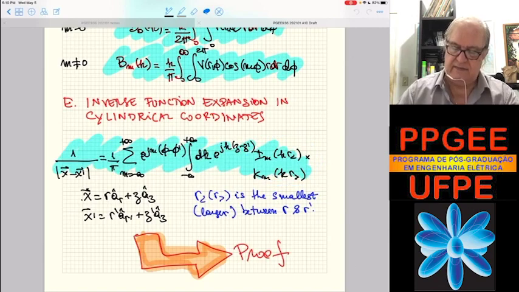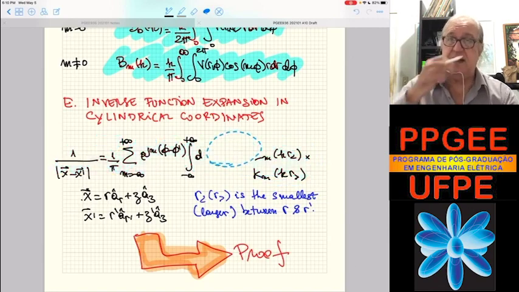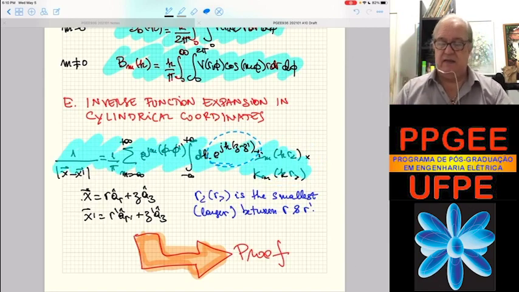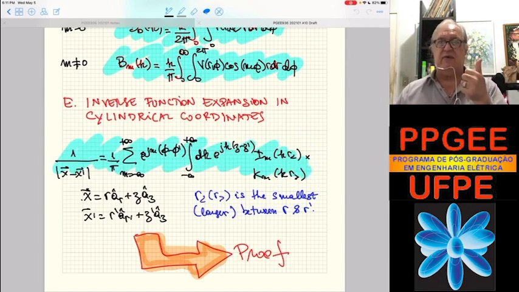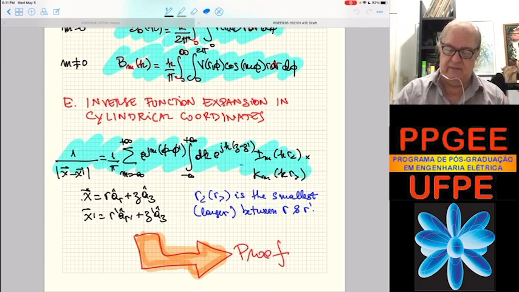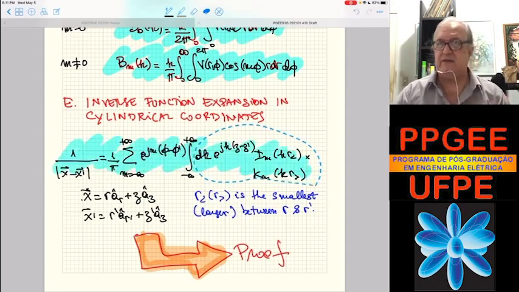We have complex exponentials, so it means that you see modified Bessel functions arise when you have a periodic function in z and a periodic function in phi. So we have a modified Bessel function in R. We have a periodic function in z, a periodic function in phi, and a Fourier-Bessel type integral here, right?